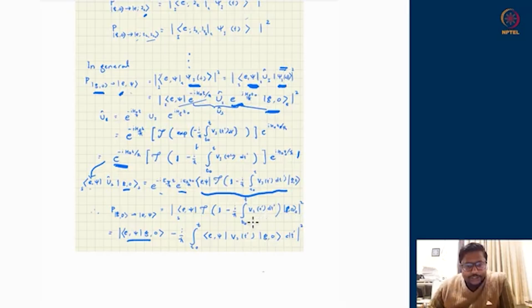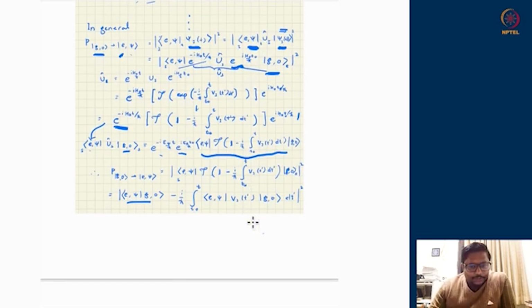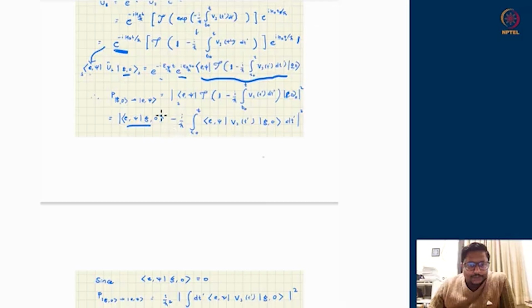I do not have to worry about time ordering up to lowest order, or leading order, perturbation theory. So I have two terms. One is the overlap between E psi and G0, and then the other is iota over h bar times this integral, where the interaction Hamiltonian, or interaction perturbation term in the interaction picture, is squeezed between the two states of interest, and then the mod square of the whole term.